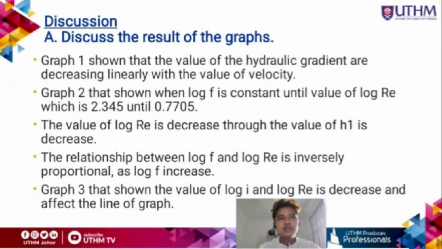Then for the discussion part in question, discuss the result of the graph. Graph 1 shows that the value of the hydraulic gradient is decreasing linearly with the value of velocity. Graph 2 shows that log f is constant until the value of log Re, which is 2.345 until 0.7705.